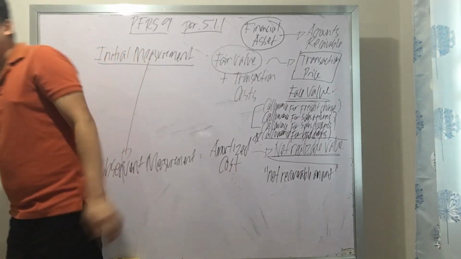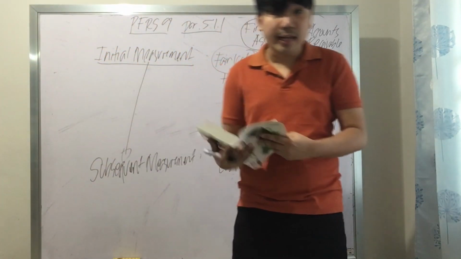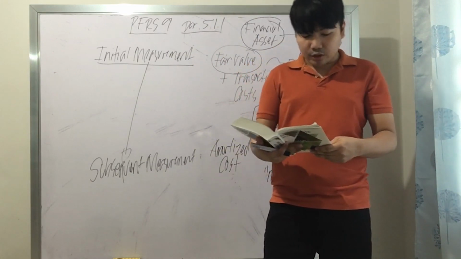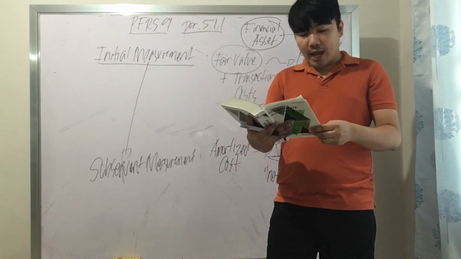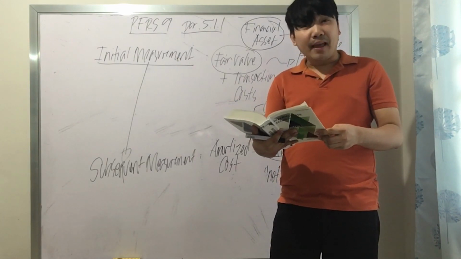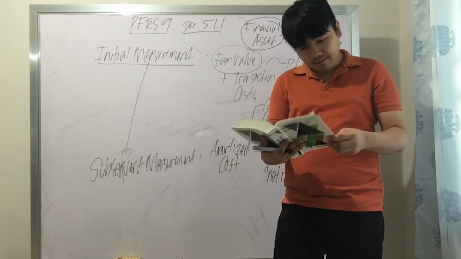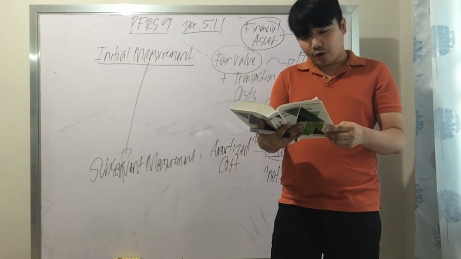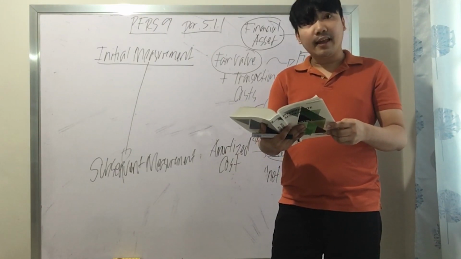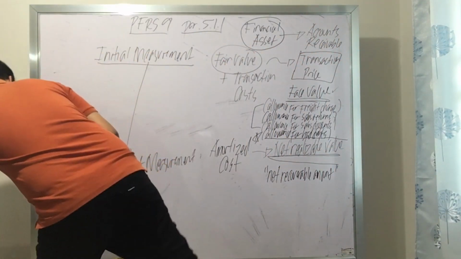So now let's proceed with your next learning objective. Ano ba yung susunod, class? Ang sabi dito, ano? To understand the gross method and net method of recording credit sales. Again, to understand the gross method and net method of recording credit sales. Okay?